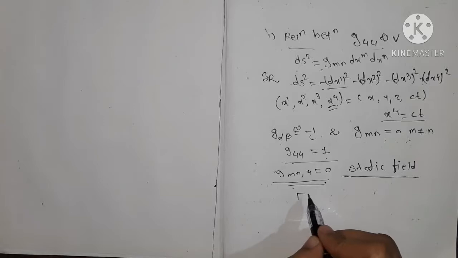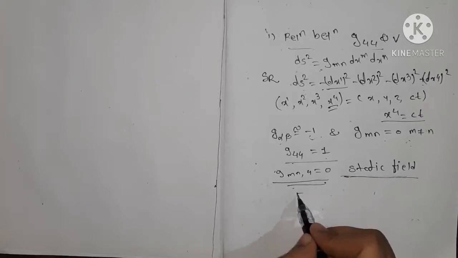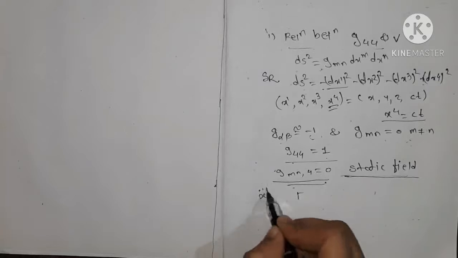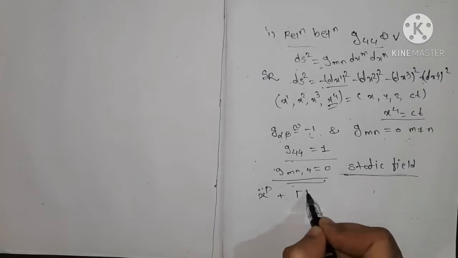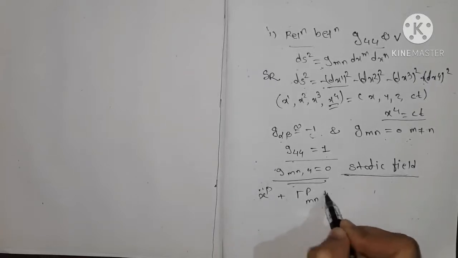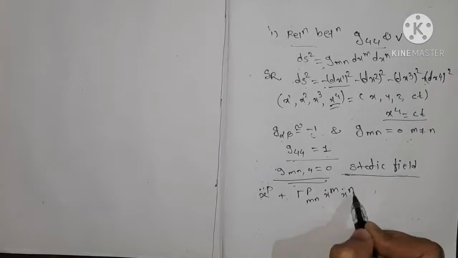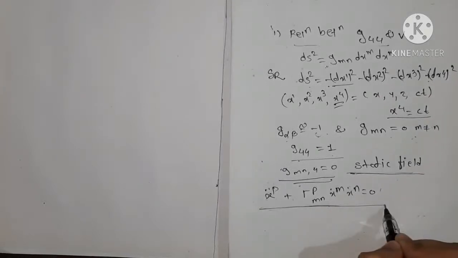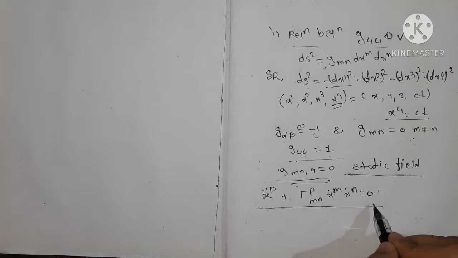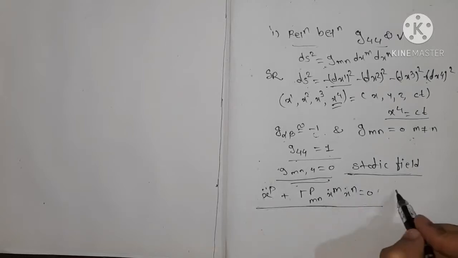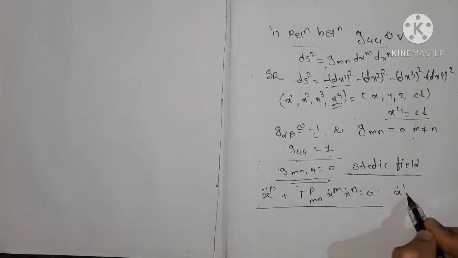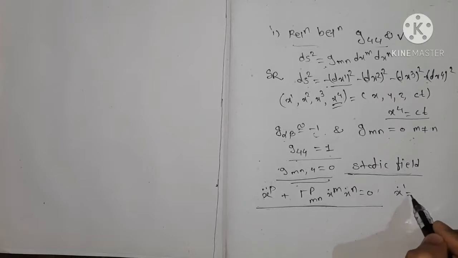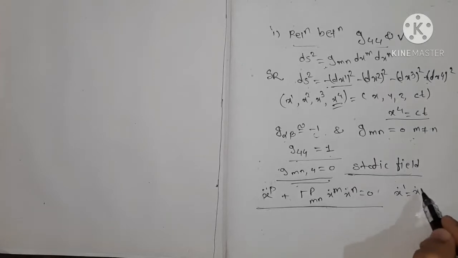After that, we consider the equation of motion of the particle, which is given by x double dot p plus gamma p mn x dot m x dot n equals 0. This is the equation of motion of the particle, given by the geodesic equation, and we solve this equation by substituting the velocity, which is approximated to 0 for a slow moving particle.